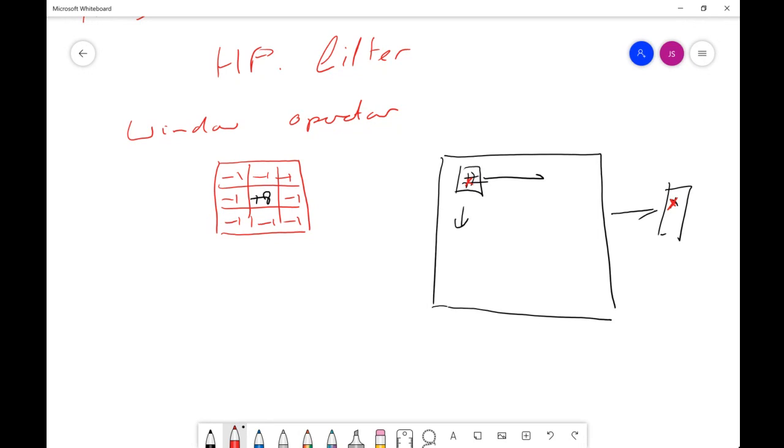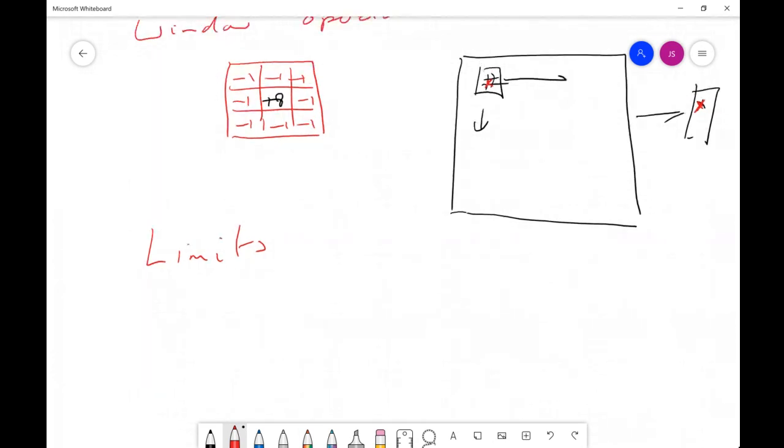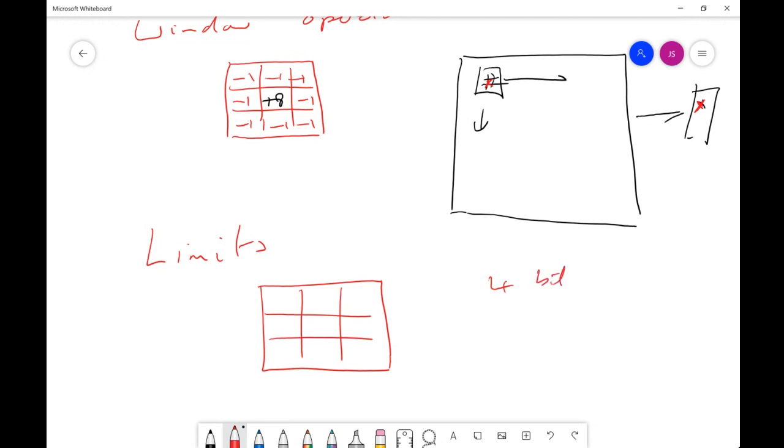Drastic at low resolution, but if you're dealing with 4,000 by 4,000 pixel images, you don't even notice the loss. So the key point to understand about a high-pass filter is the limits. Now, if this filter was operating on a 3x3 image, let's take 4-bit resolution per pixel.